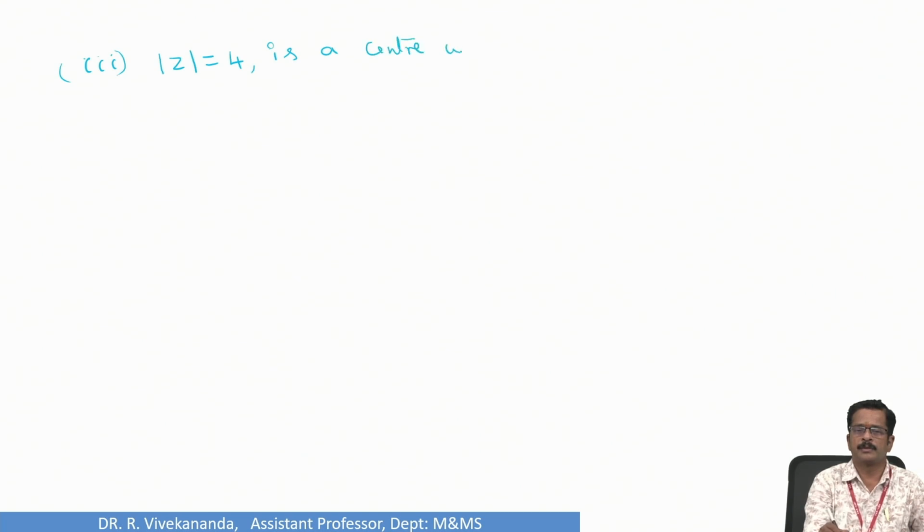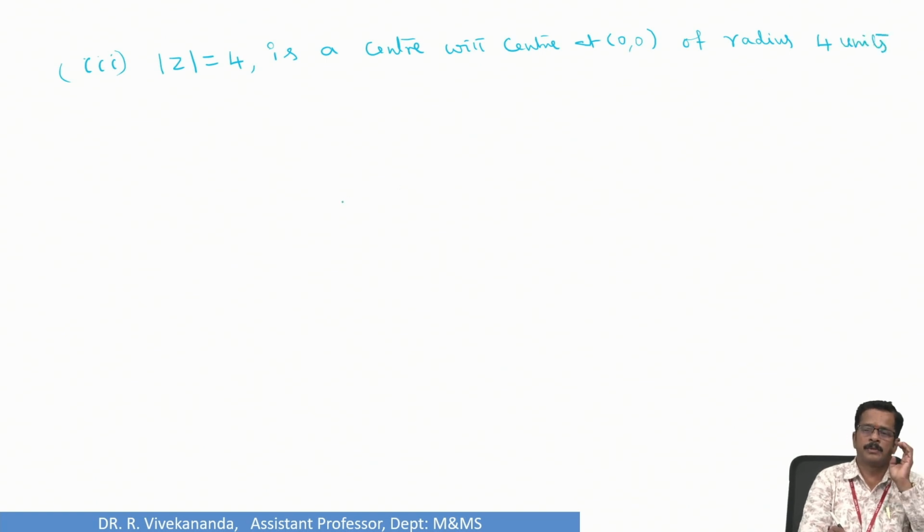A circle with center at origin of radius 4 units. Okay. Now take z equals minus 3i. Modulus of minus 3i is going to be 3, which is less than 4.